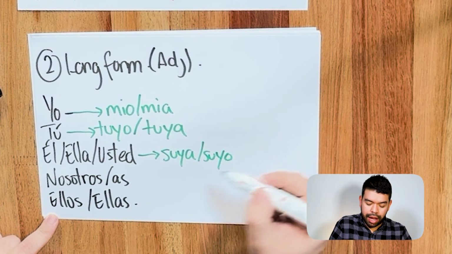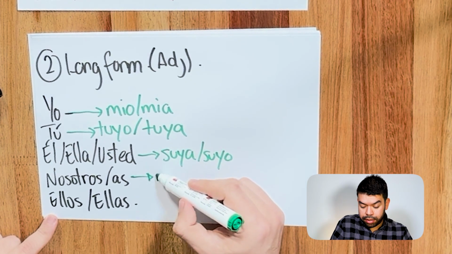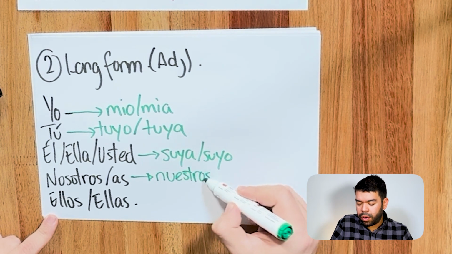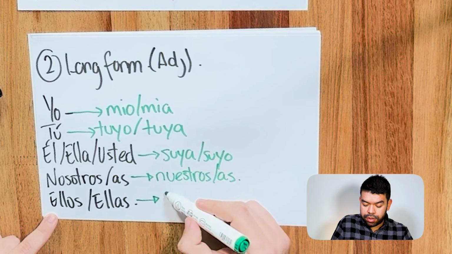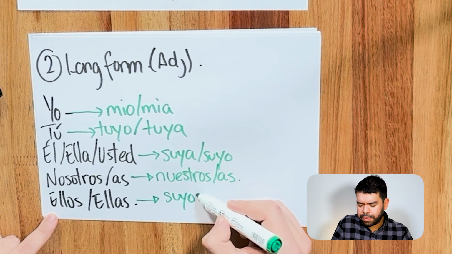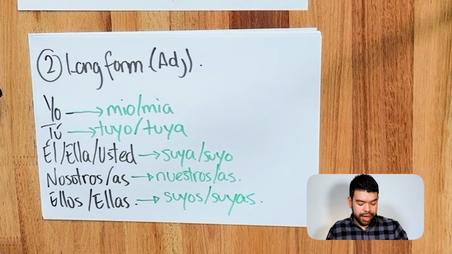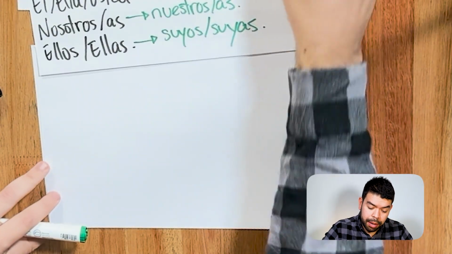It could be suyos. Nosotros: nuestro, nuestros, or nuestra, nuestras. And here, suyos and suyas. Oh my God, this is so beautiful. Look at this. And I told you, we're going to keep it close, because this goes after the noun, right?